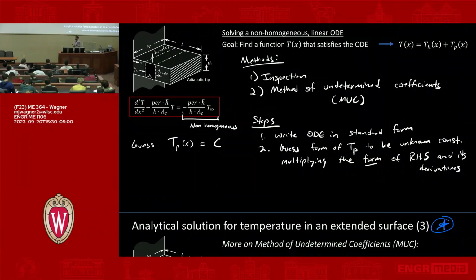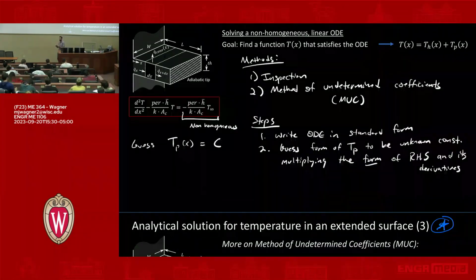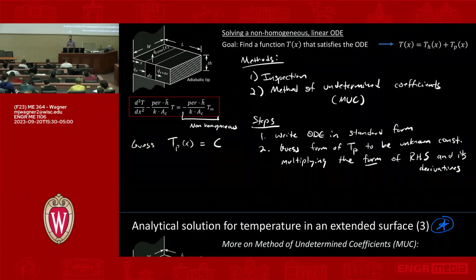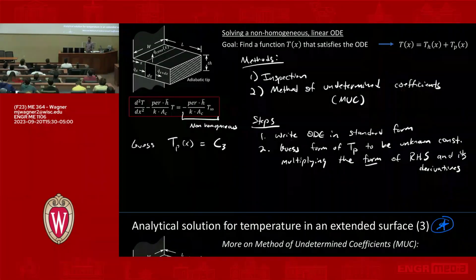Now, I know I'm going to have two boundary condition constants, so let's save ourselves some trouble and just call this C3. So I'm going to guess that the solution is T_p equals C3. Now my job is to determine what C3 is. So how do we do that? Well, I'm guessing the solution is this, so I'm going to plug that into the ODE and do the operations that are said there.